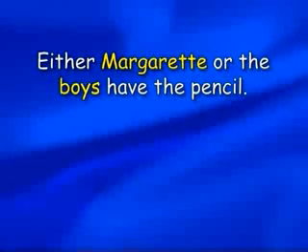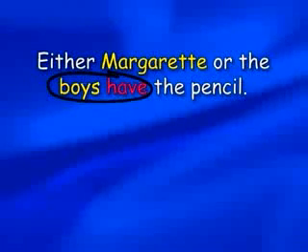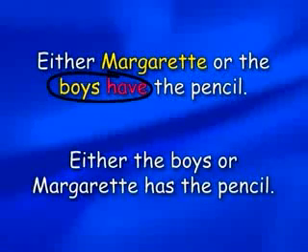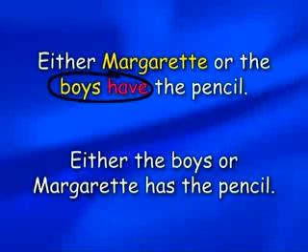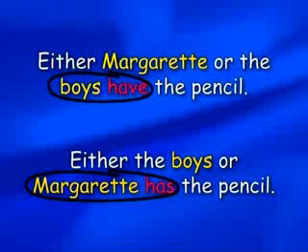Either Margaret or the boys have the pencil. Boys, which is plural, is closer to the verb. Therefore, we use a plural verb. Either the boys or Margaret has the pencil. In this case, Margaret, which is singular, is closer to the verb, so we use a singular verb.